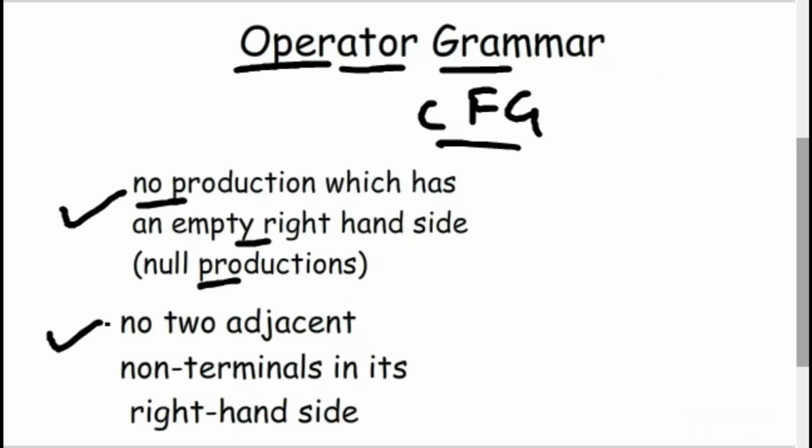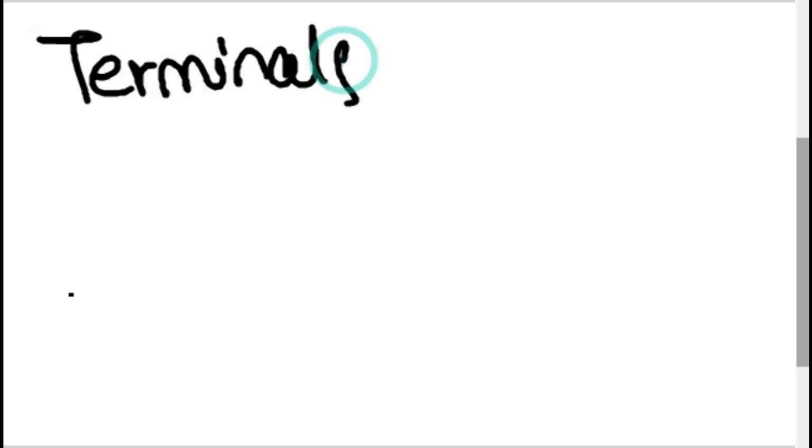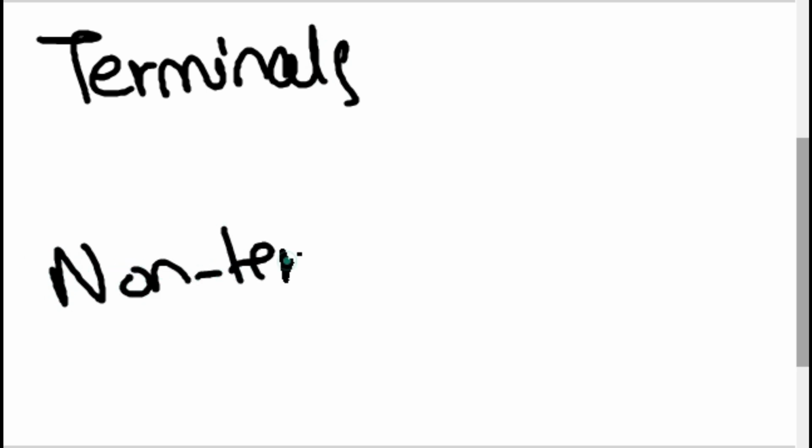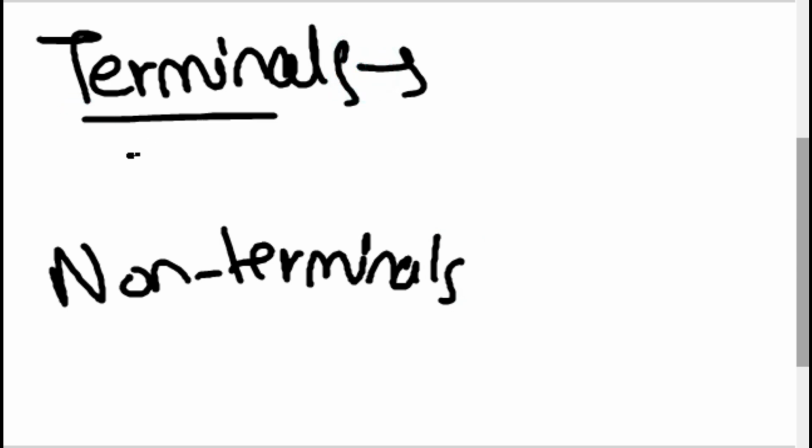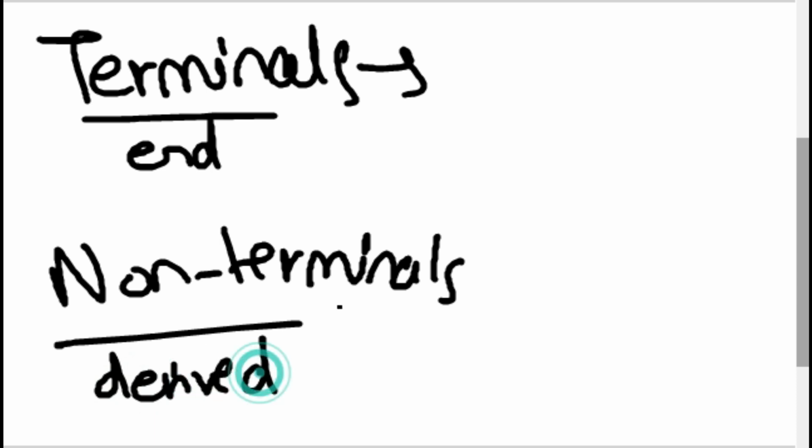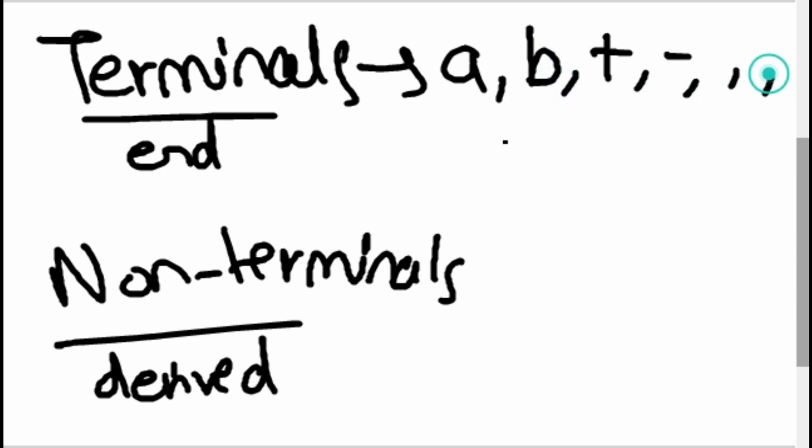The second rule for operator grammar is that there should be no two adjacent non-terminals. Now to understand this, first we need to understand what we mean by terminals and what we mean by non-terminals. So terminals are anything that has an end and non-terminal is something that is derived. So terminals could be like a, b, plus, minus, comma, star, ID.